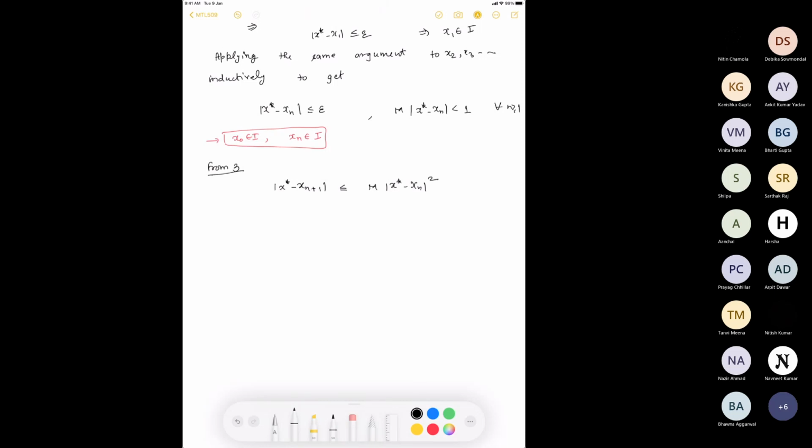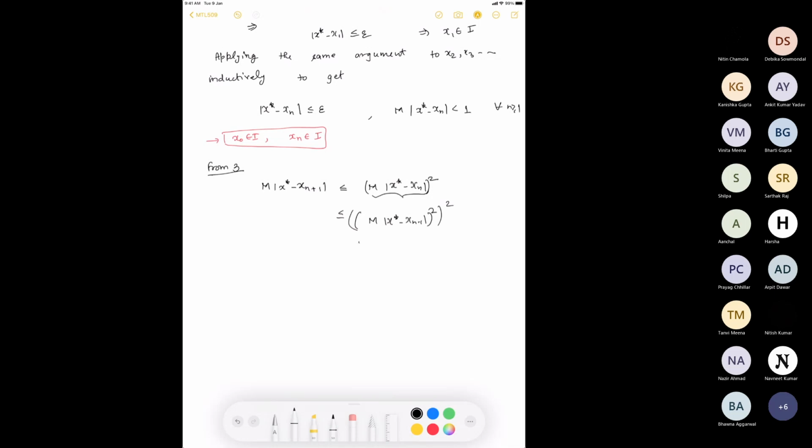Okay. And if I multiply m on both sides, I will have this step. Now you apply the same thing to this term. So we know that m times |x star minus xn| is less than or equal to m times |x star minus xn minus 1| squared, and then you have a square of that.